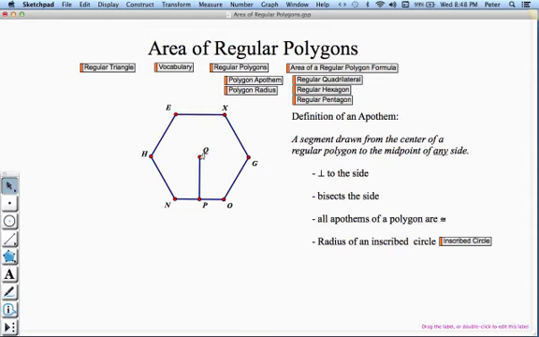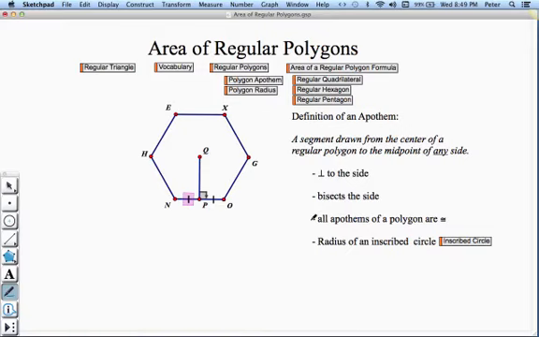So in other words, angle QPO is going to be a right angle. It's going to bisect the side. So NP and PO are going to be congruent because P is a midpoint. All apothems of a polygon are congruent. So if I drew the apothem from Q to O or from Q to X, those would all be congruent, just like radii of a circle are all congruent.